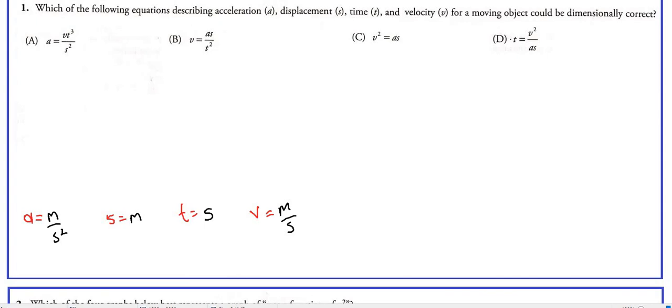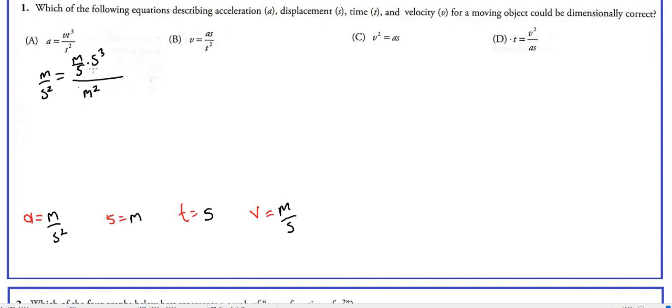In option A, we have acceleration, which is meter over second squared, equals velocity times time cubed. Velocity equals meter over second, and time is equal to second, and we have cubed here, and displacement s is equal to meter, and we have square here, so meter squared.